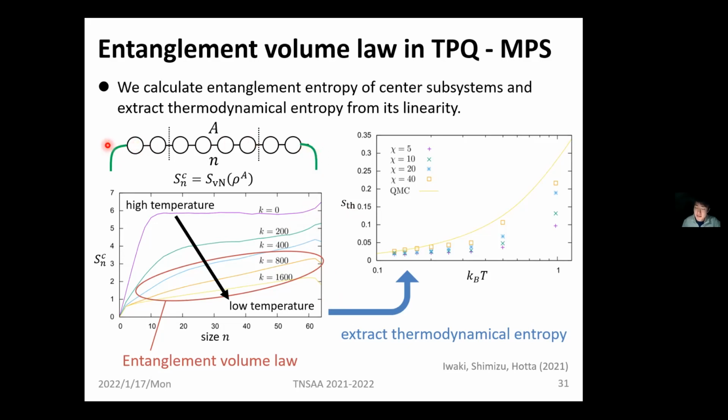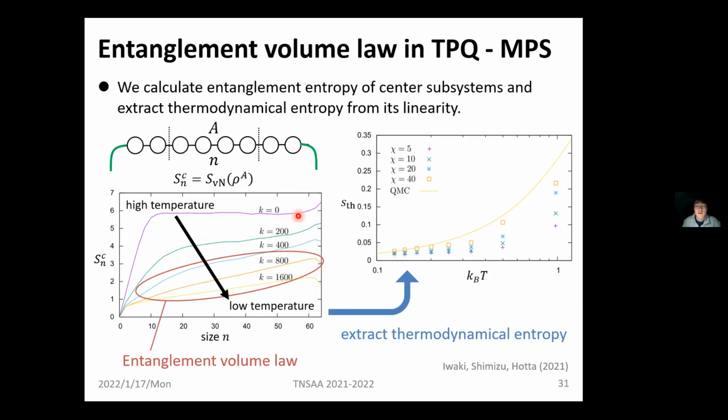There is an upper bound of entanglement entropy, which is given by 2 log of the dimension of the whole physical system. Again, physical system, not including auxiliaries here.